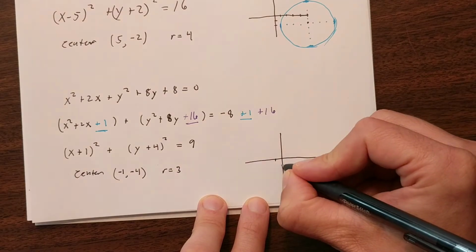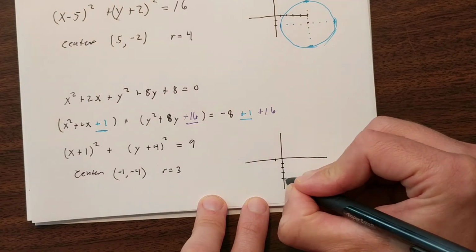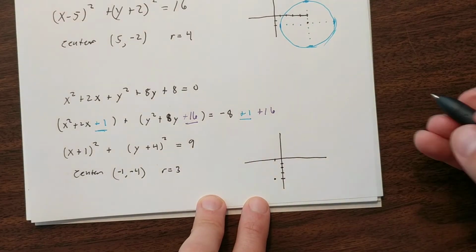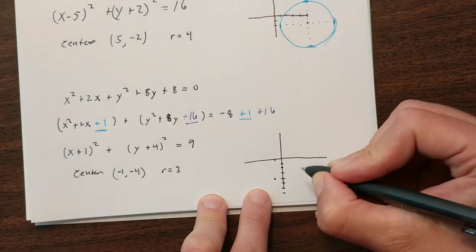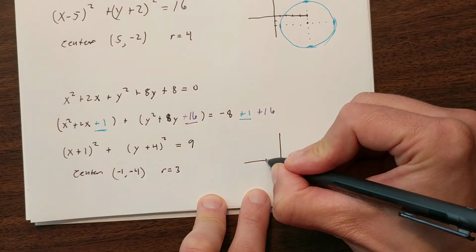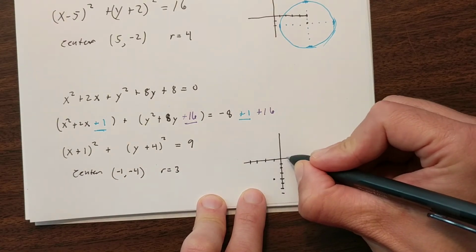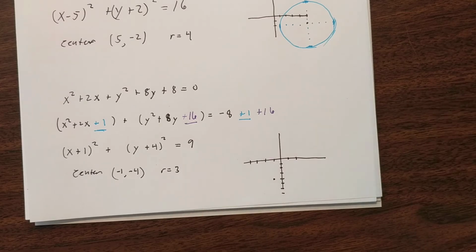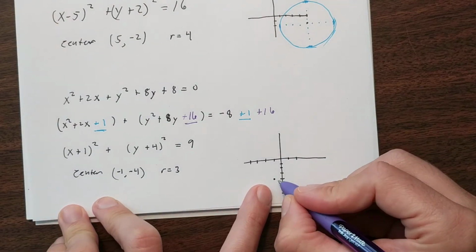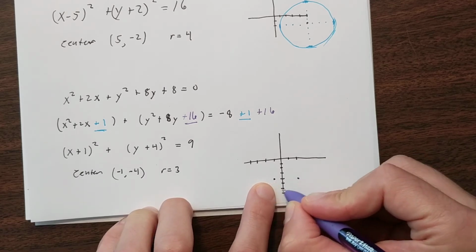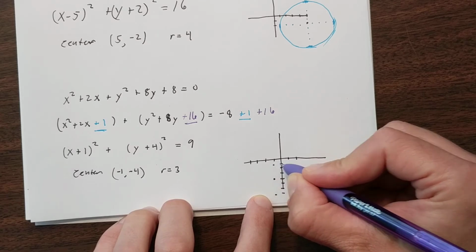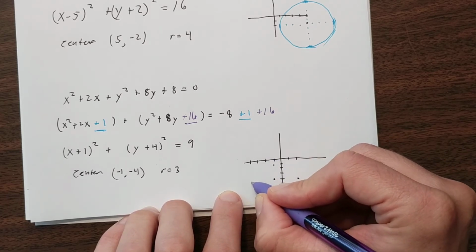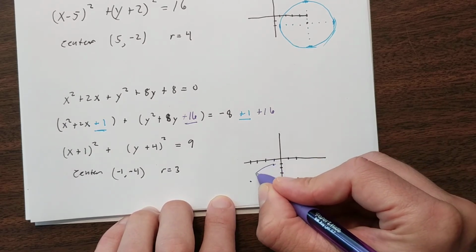-1, 1, 1, 2, 3, 4. Here's our center, but the radius is 3. So 1, 2, 3. We'll continue down, and we'll continue over 1, 2, 3, and 1, 2, 3. Okay, so where are all our points? Well, if I go 3 over, I'm here, 3 down, I'm here, 3 up, I'm here, and 3 to the left, I'm here, and now I'm ready.